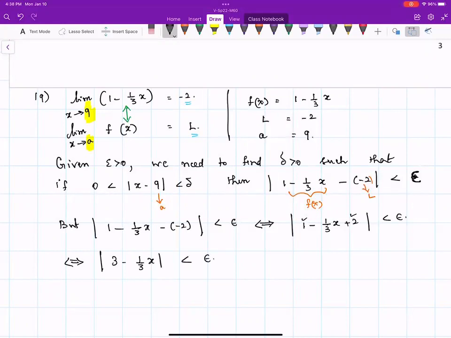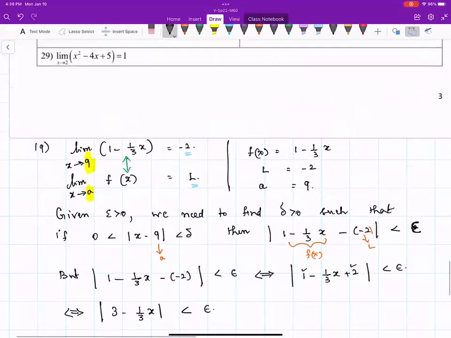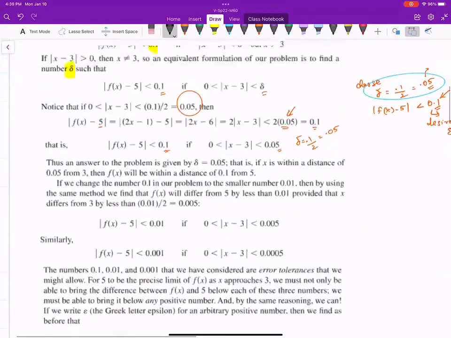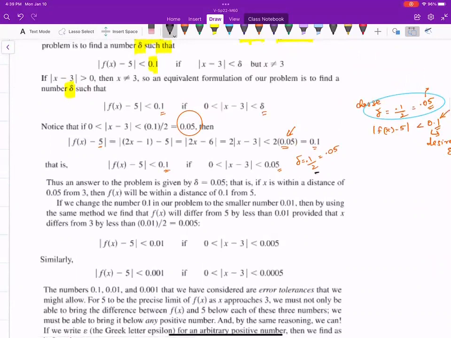The goal is, as we said earlier, if you want the difference from f of x to L to be 0.1, what should be your choice of delta in terms of 0.1? In the very first example, we said that if epsilon was 0.1, then the delta was 0.1 over 2.